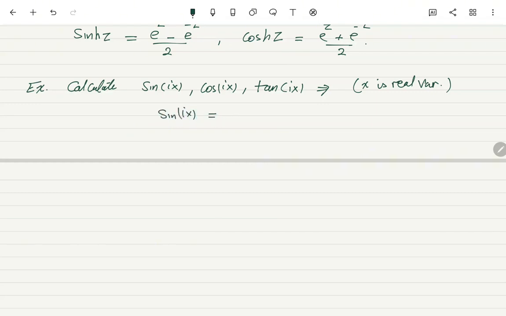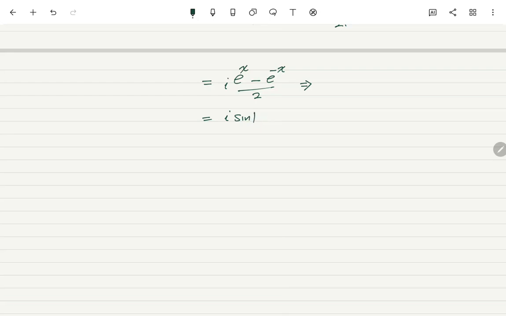Now sine ix equals, use the definition, e to i(ix), instead of x use ix, minus e to minus i(ix), over 2i, which equals (e to minus x minus e to x) over 2i, which equals (e to x minus e to minus x) over 2, all multiplied by i, or in other words, it's equal to i sine hyperbolic x.